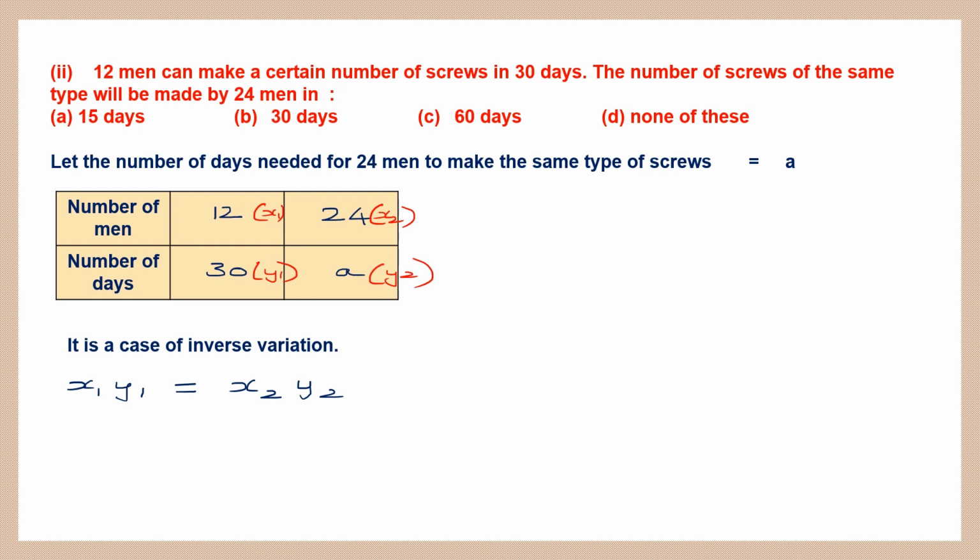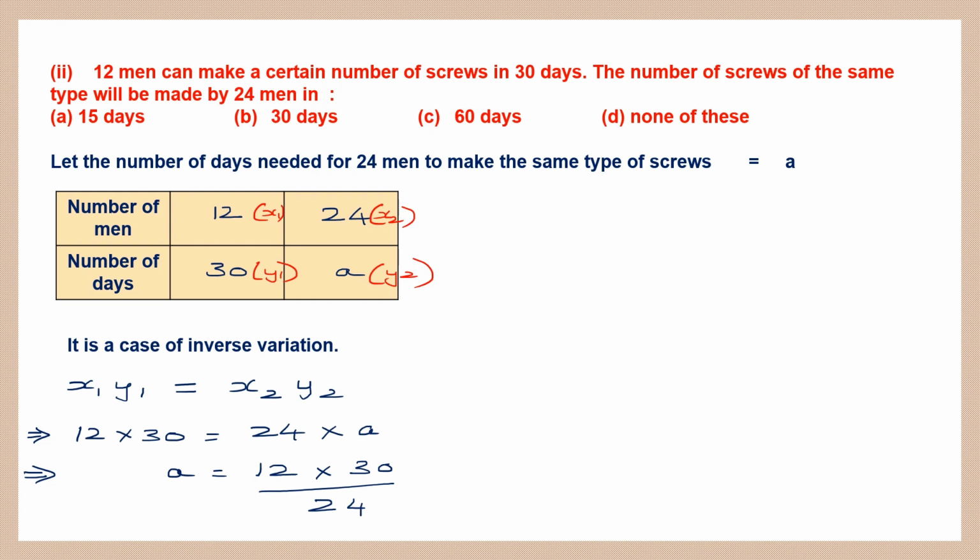So let's substitute. So x1 is 12 into 30, y1, is equal to x2 is 24 into y2, which is A. Now we can find the value of A. So A is equal to 12 into 30 divided by 24.